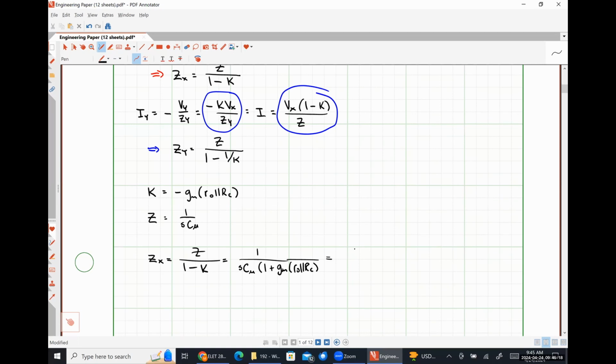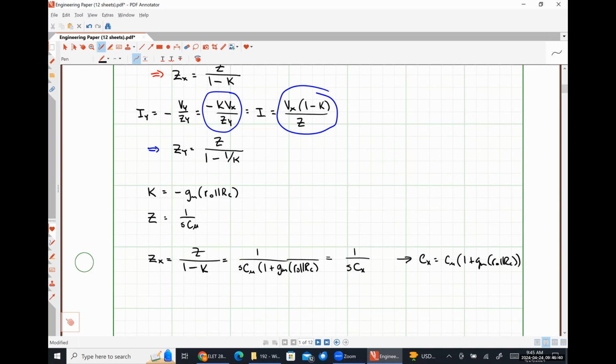Which we could call 1 over SCX, where CX in this case is simply C mu multiplied by a factor of 1 plus GM R naught in parallel with RC.